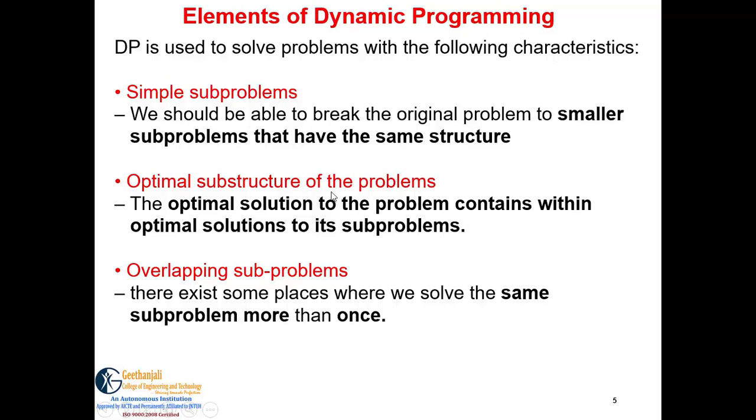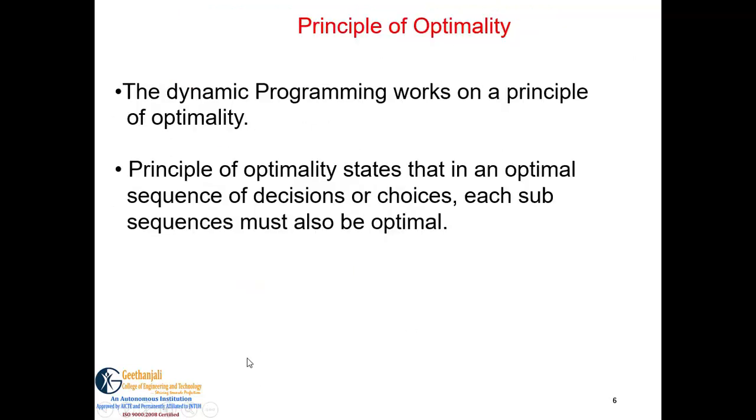Optimal substructure: the optimal solution to the problem contains within it the optimal solutions to its subproblems. Overlapping subproblems: there are places where we solve the same subproblems more than once. So this is just theory I am reading. The introduction part is already over in the class.